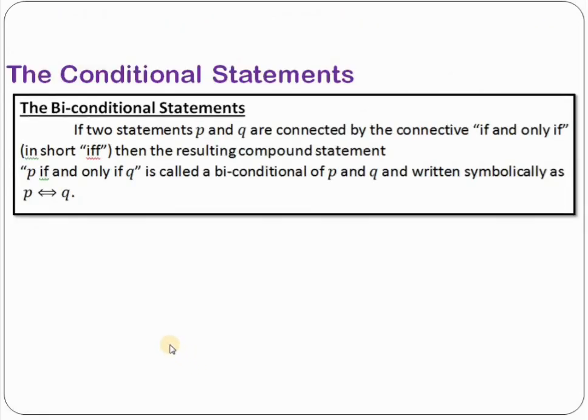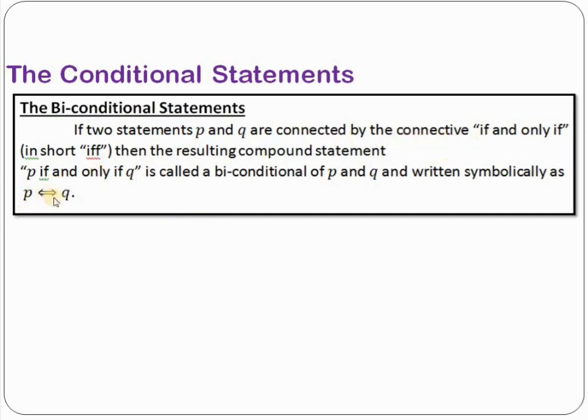Okay, so let's see the next type of conditional statement, and we call it biconditional. Basically, a biconditional is nothing but you combine a conditional statement, that means if you combine P implies Q with its converse, that is Q implies P, then such a statement is known as a biconditional statement. And this time we use this arrow.